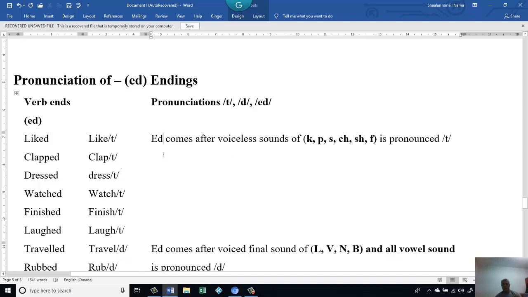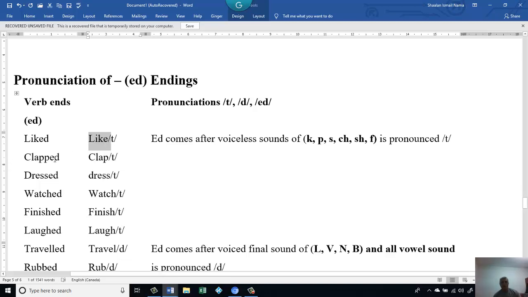For example, if my verb comes after a voiceless sound, those we call consonants, then voiceless. For example, K, P, S, CH, or SH, or F. It is pronounced T. For example, if we pronounce this one liked, then we say liked. If you look here, this is ed, we're going to pronounce that as a T.